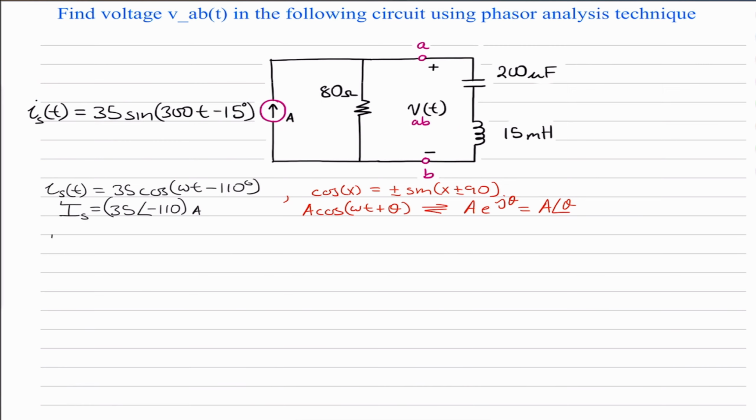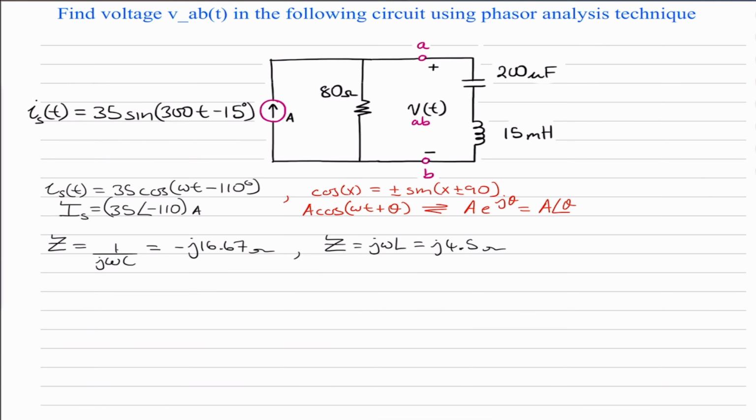So the impedance for our capacitor is equal to 1 divided by j omega C, which is equal to minus j 16.67 ohms. The impedance for the inductor is equal to j omega L, which is equal to j times 4.5 ohms.